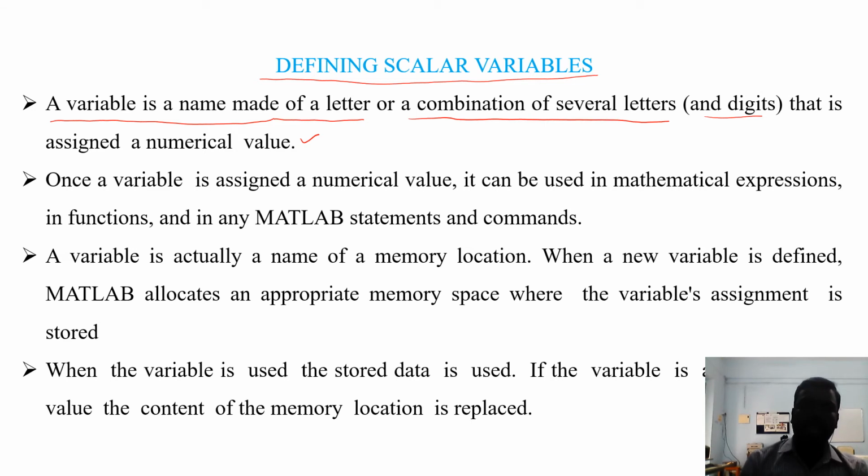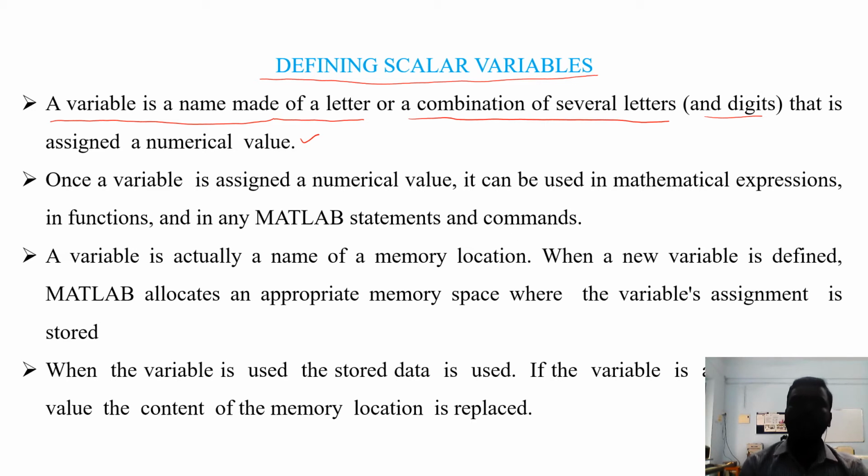The variable is actually the name of a memory location. When a new variable is defined, MATLAB allocates an appropriate memory space where the variable is assigned and stored. When the variable is used, the stored data is used; if the variable is assigned a new value, the content of the memory location is replaced.